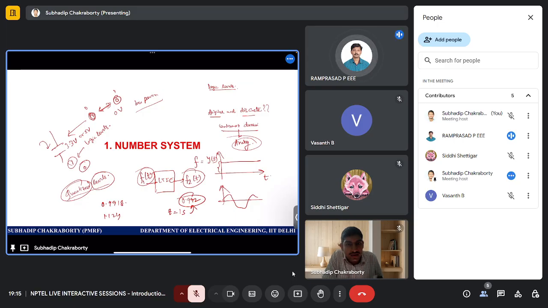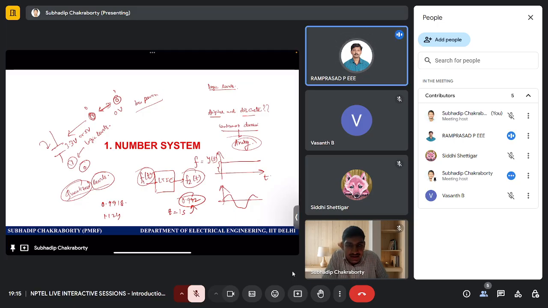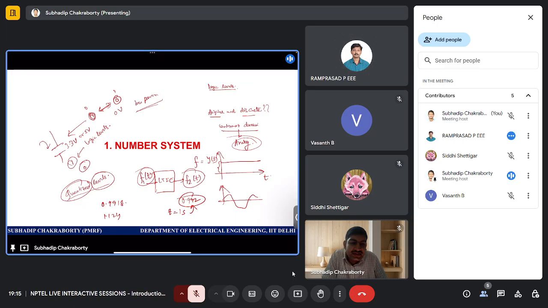So information is stored, either information or some kind of signal conditioning. Some control system engineer will do digital control of the power converters, or some kind of PI controller you can design in digital form. Those are much efficient in terms of the power consumption, which is very less.